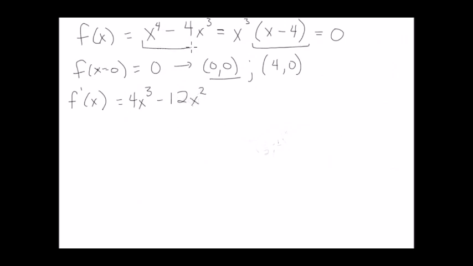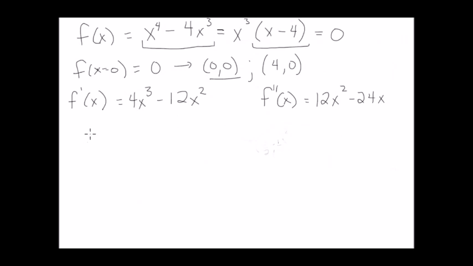Notice that I'm taking the derivative off of the unfactored form because it's a lot easier to take the derivative just using a bunch of power rules in sequence. The second derivative I'm going to take off of the first derivative I already calculated is going to be equal to 12x squared minus 24x. So now I'm going to look for critical points, in other words, places where this derivative is equal to 0.